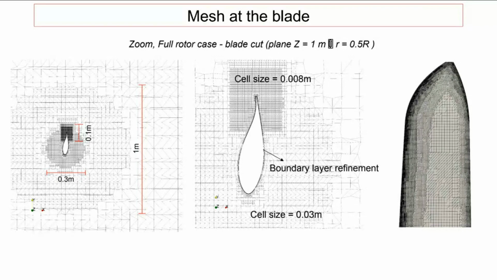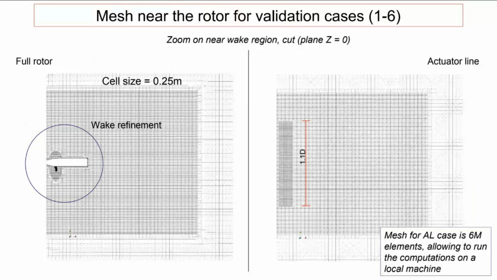This makes the mesh have a few million elements, we will see how many later.